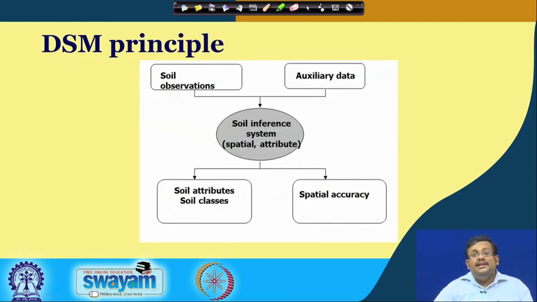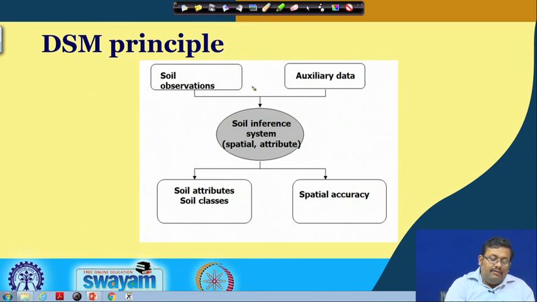So, let us see the principle of digital soil mapping. Now, the principle of digital soil mapping says that obviously the starting point is soil observation, or in our case the legacy soil data.